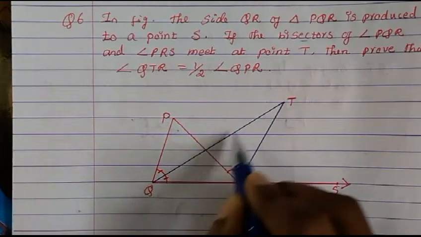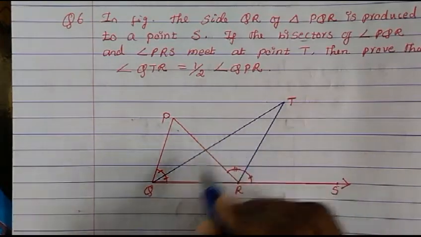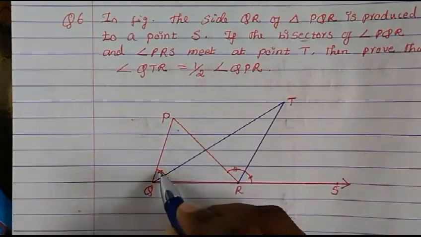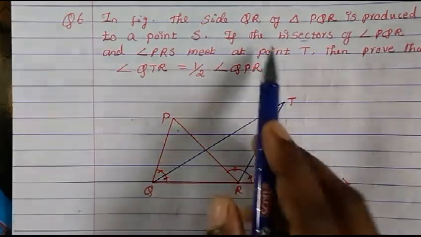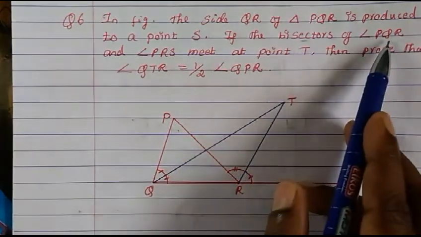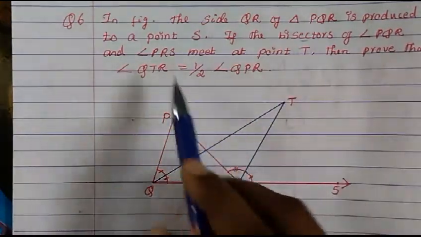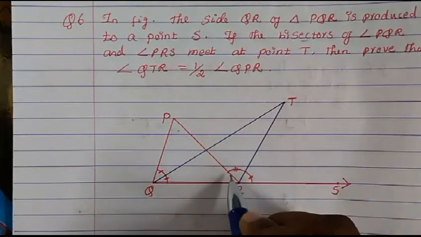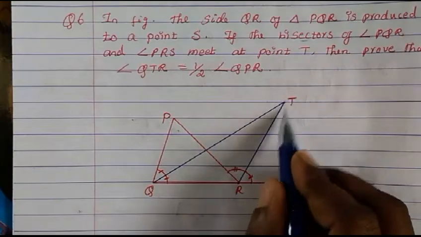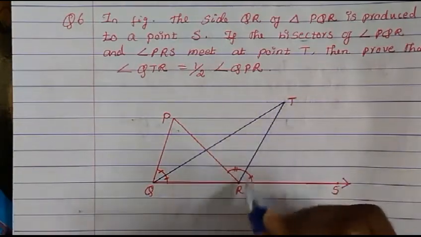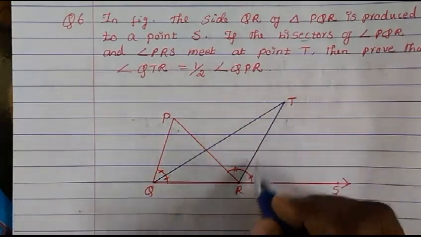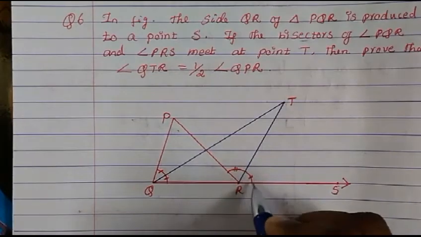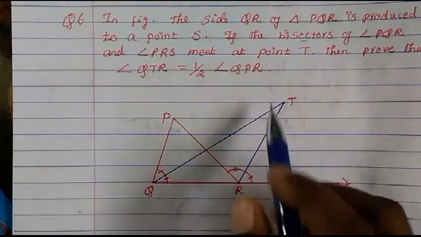So here QT becomes the bisector, meaning this angle is equally divided into two parts. And for angle PRS, this is one angle, and the bisector is this, you can say TR or RT. This line divides this angle equally in half.